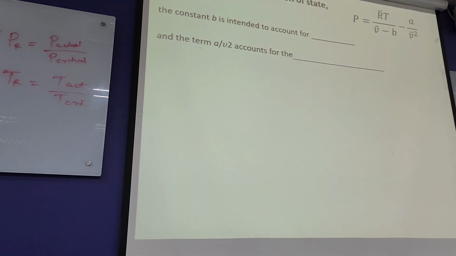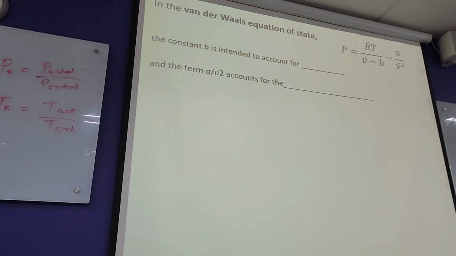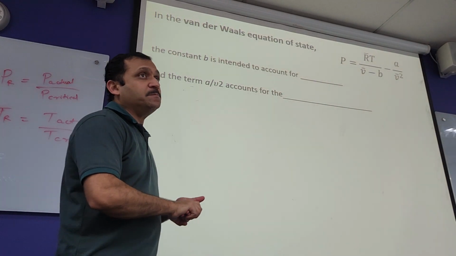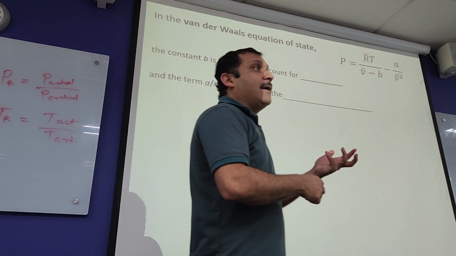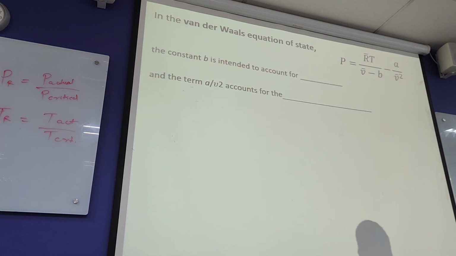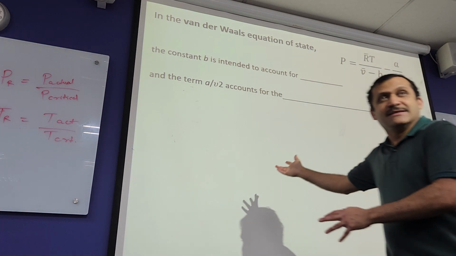So then we went through the van der Waals equation of state. What is that? That's basically a mathematical version of representing an actual gas, which has been derived from the ideal gas equation as well.